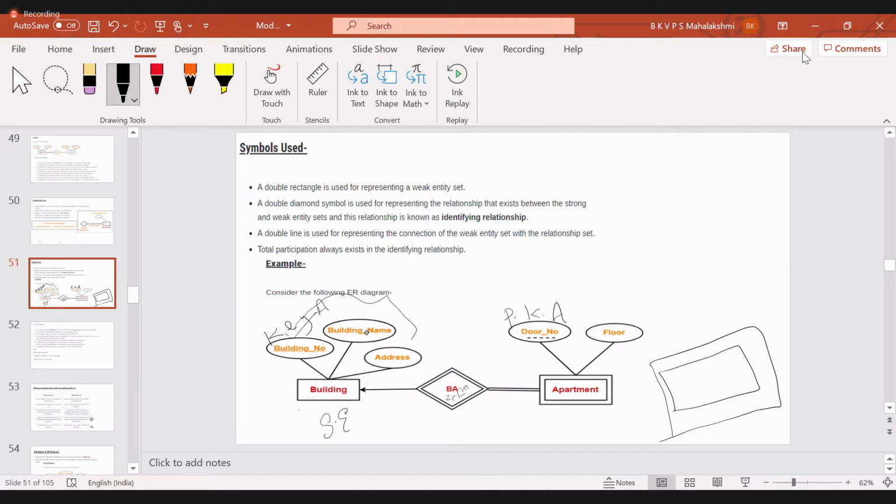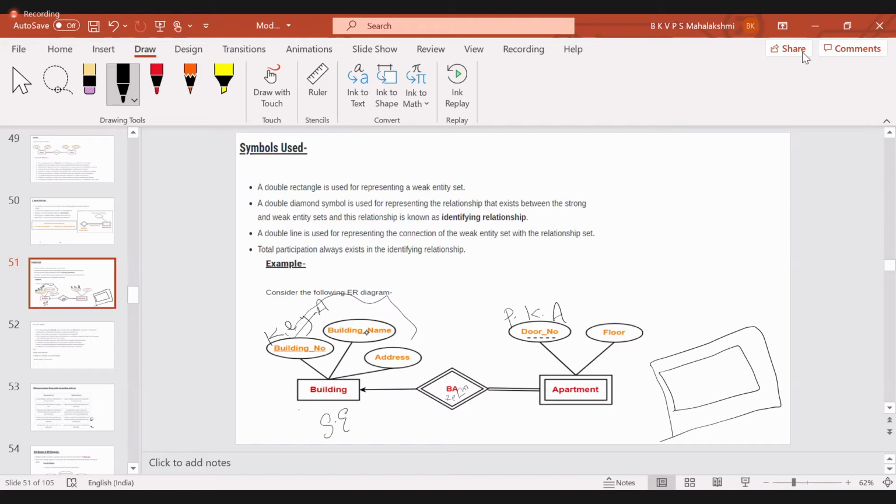As it does not have any key attribute, all the apartments have total participation. That means we maintain a complete relationship from the apartment to the building. Understand now? This is the difference.